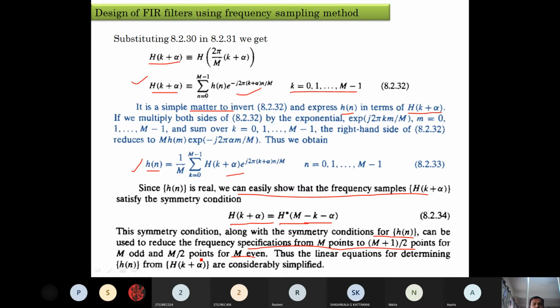So if I go for a long sequence, the second half elements are just the complex conjugate of the first half. Thus the linear equations for determining the sample response from the frequency response are considerably simplified.